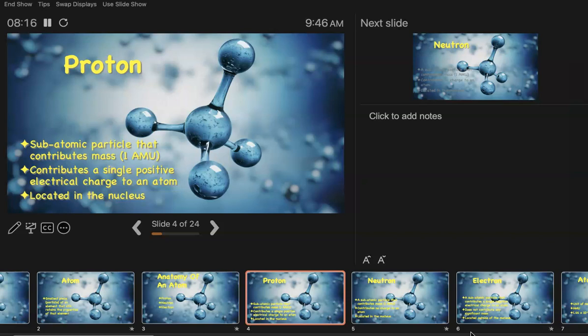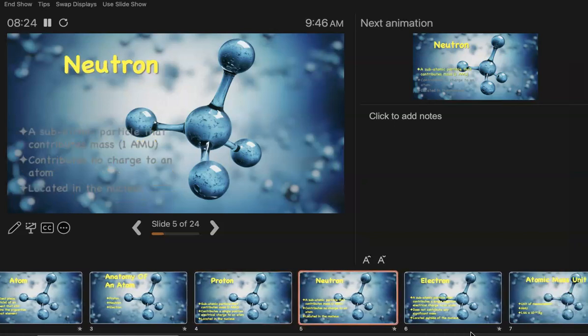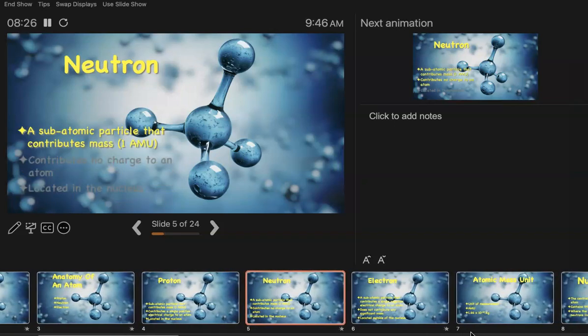Anywho, a proton weighs, and weigh isn't exactly the right word, is it? Has a mass of 1 AMU. A neutron also has a mass of 1 AMU. As we said, there's no charge connected to a neutron.